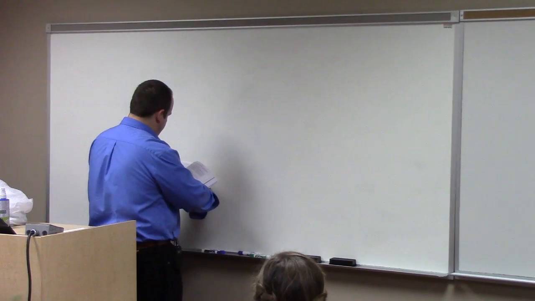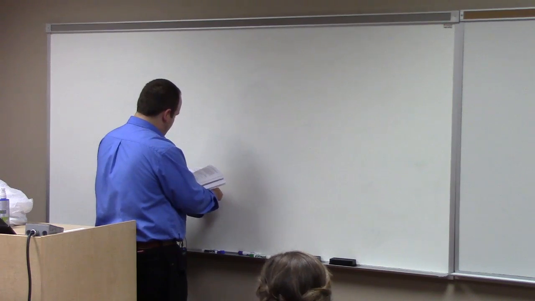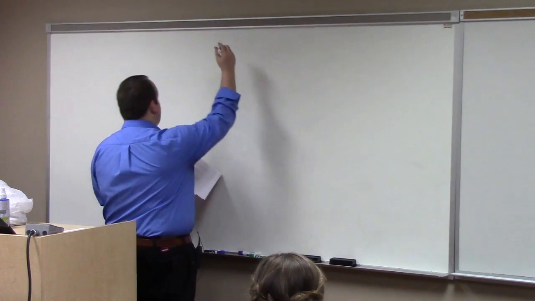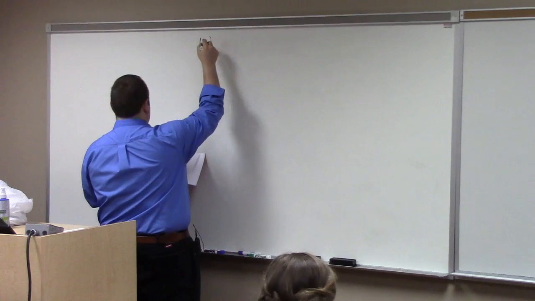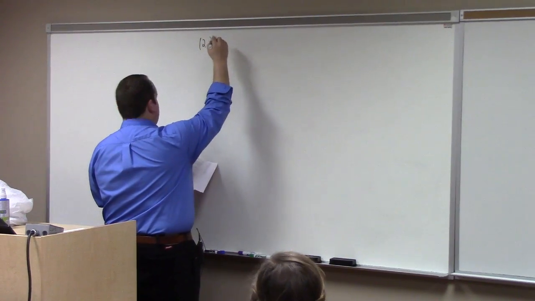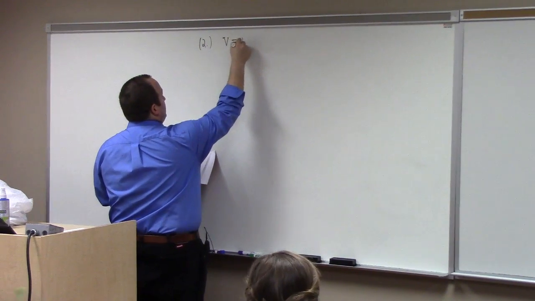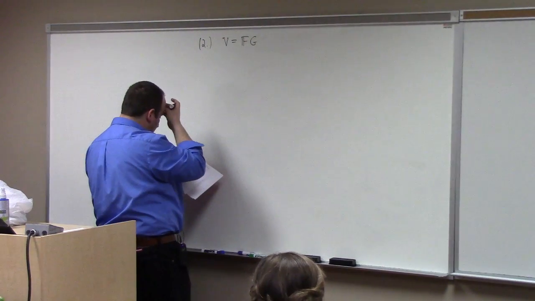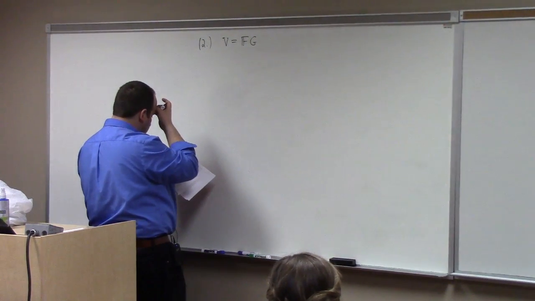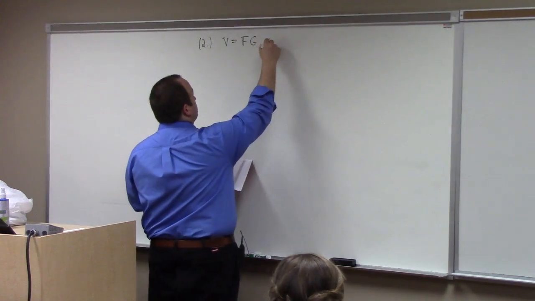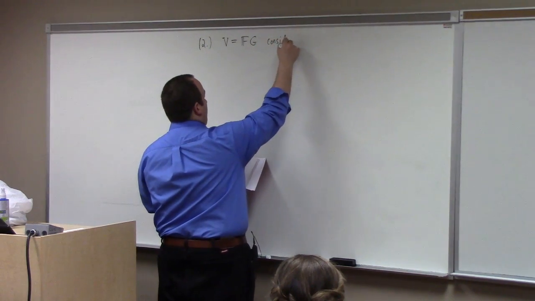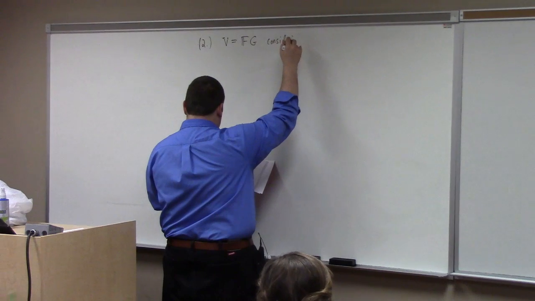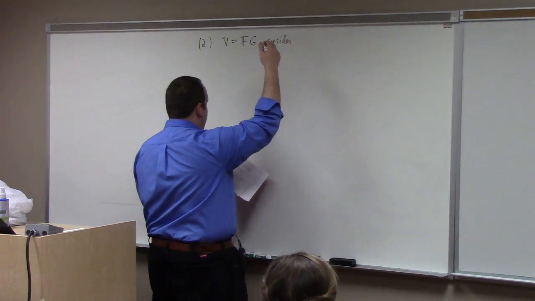I'll skip example 1. It's too silly. Example 2 is kind of nice. In example 2, we have V, which is the group ring. He says, consider this ring as a left module over itself.